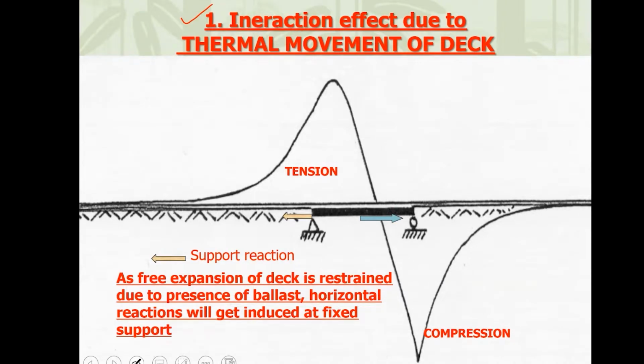Here, what is happening? I have taken the example of a simply supported deck. This deck is having a fixed bearing or pin end at left support and roller bearing at the right support.